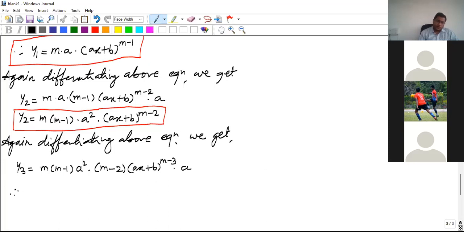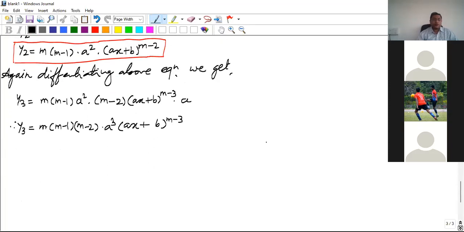Now we can write this y3 as m into m minus 1 into m minus 2, and this is a cube. Here it remains (ax plus b) raised to m minus 3. So that's what we got here. This is the third order derivative.